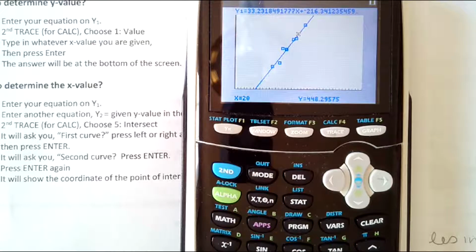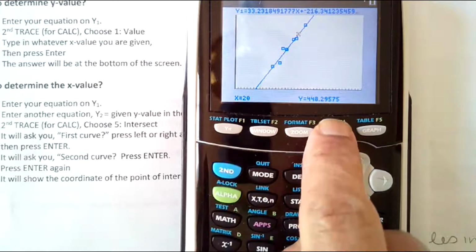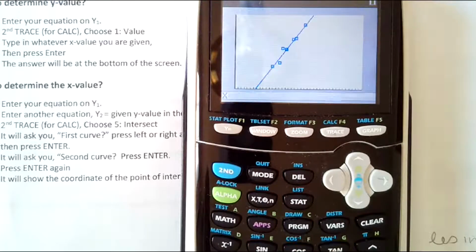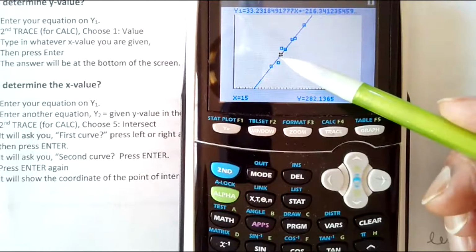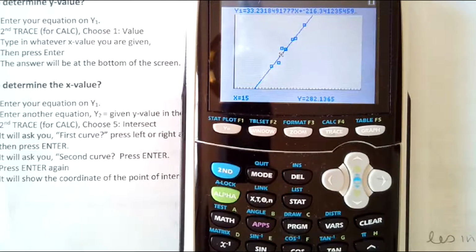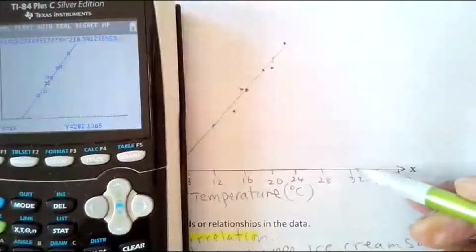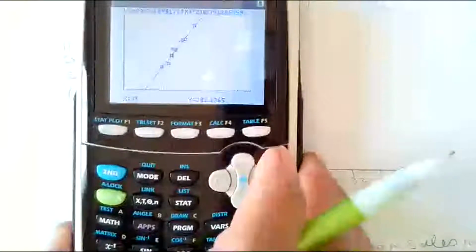Let's give another example. If the temperature was 15 degrees, what will be the sales? Repeat the same process: second, trace, enter, 15 degrees, the sales will be 282. And notice the cursor flashing tells you the price. What happens if the temperature was 32 degrees?